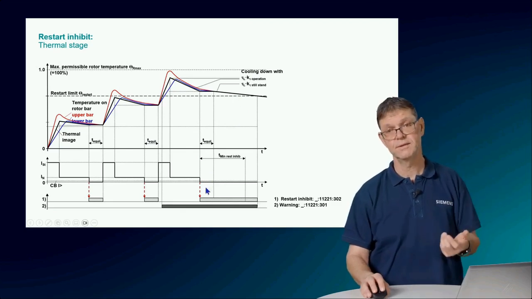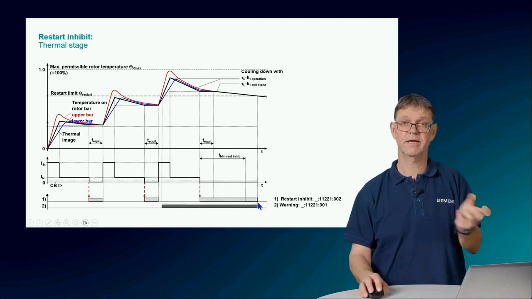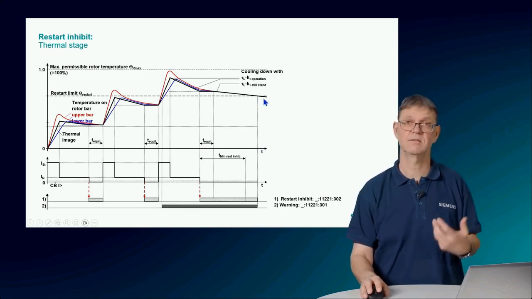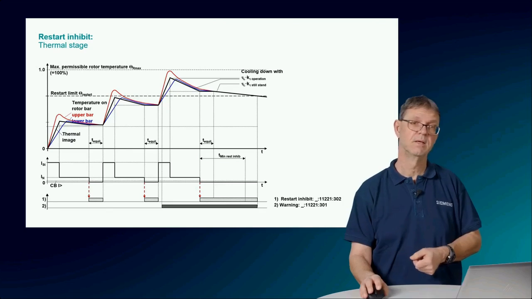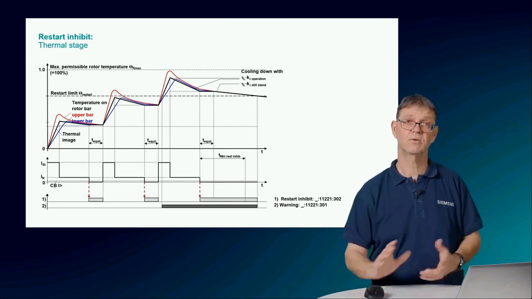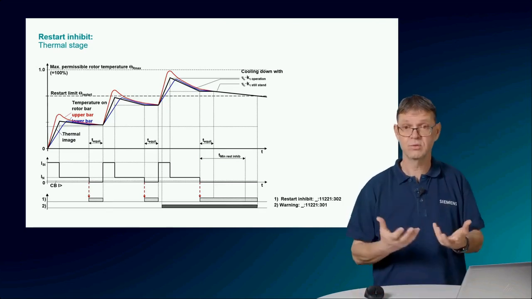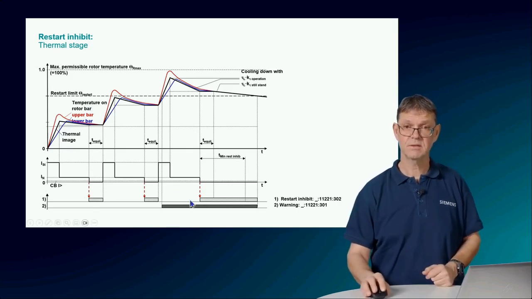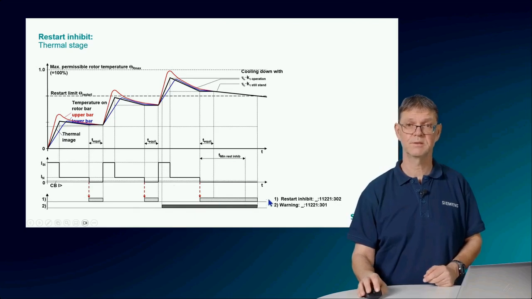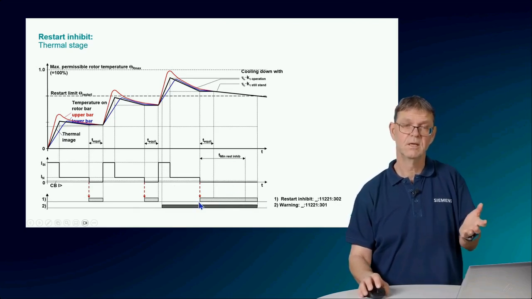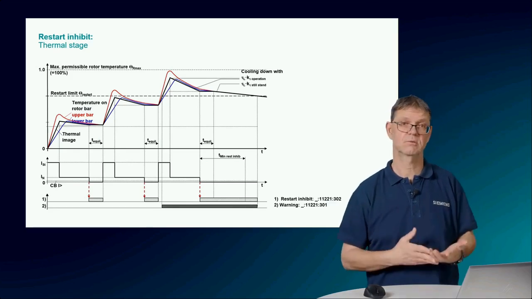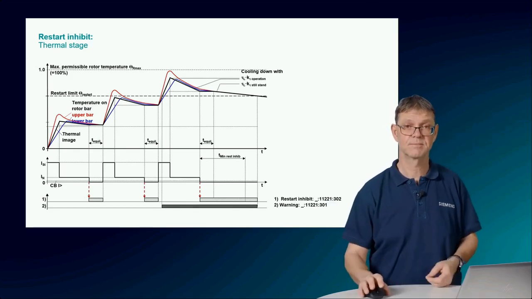So the restart inhibit signal is still kept until we really undershoot this restart temperature again. So this is basically what is behind it. You can use this restart inhibit signal, which comes automatically when the motor is at standstill. And we have the warning stage, which you have as additional information when we overshoot the restart limit.